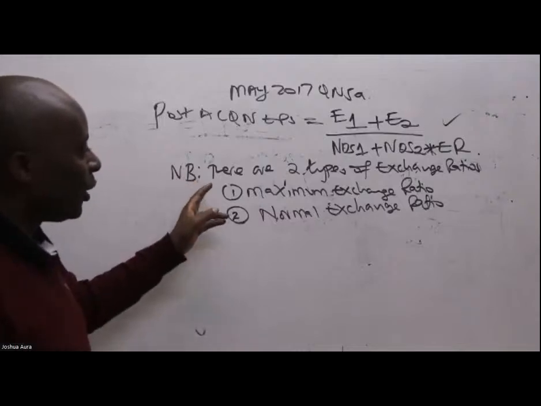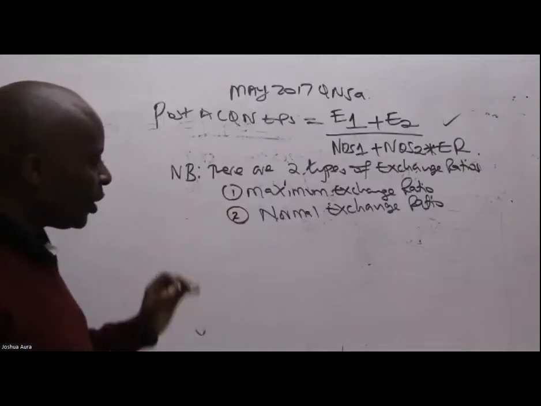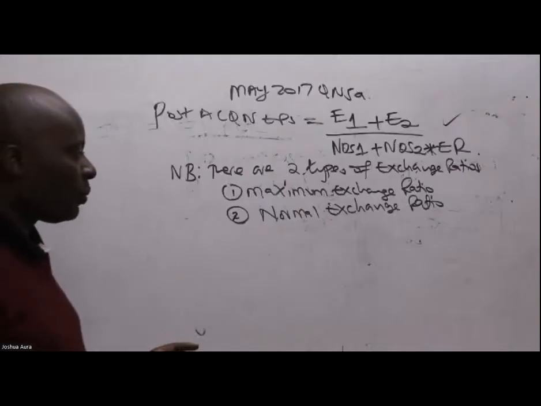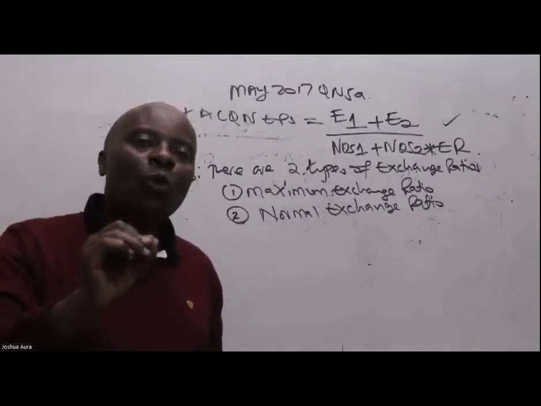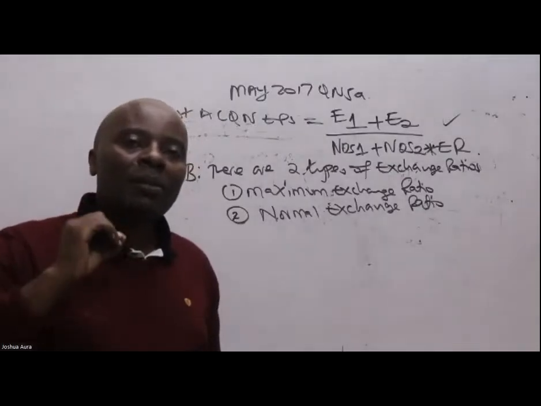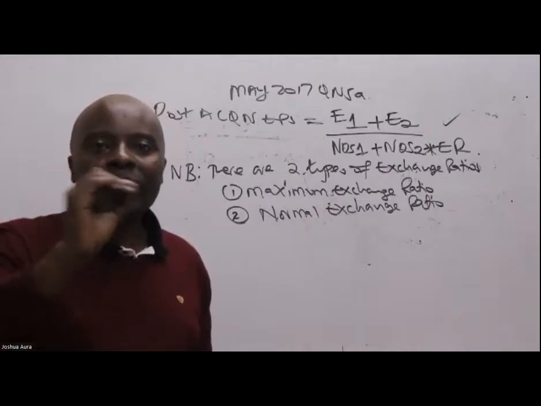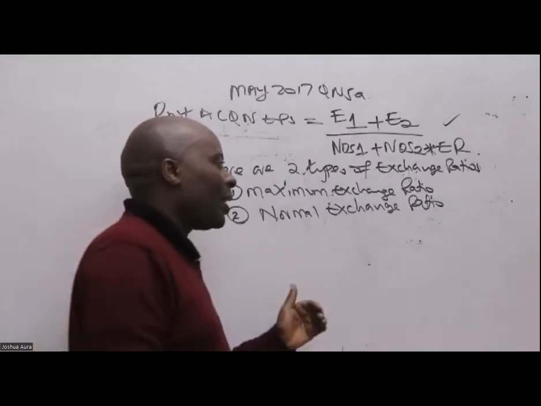Great. So there are two types of exchange ratios. Number one, we have the maximum exchange ratio. And number two, we have what we call the normal exchange ratio. If the examiner specifically asks you to calculate the maximum exchange ratio, then there is a formula that I've always wanted you to cram, which I'm sure you can narrate very fast.